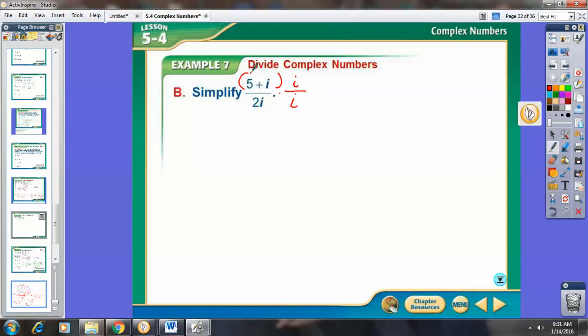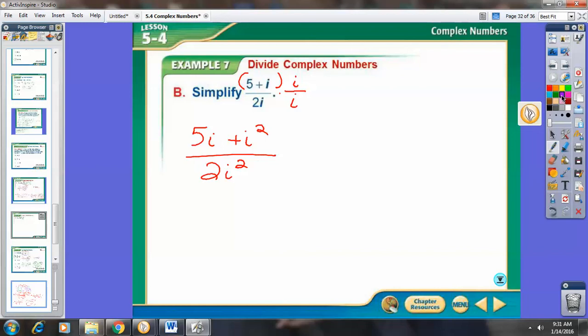So we will have to distribute I in the numerator. I times 5 is 5I. I times I squared. And the denominator, I have 2I times I, which is 2I squared. Let's change our I squared.